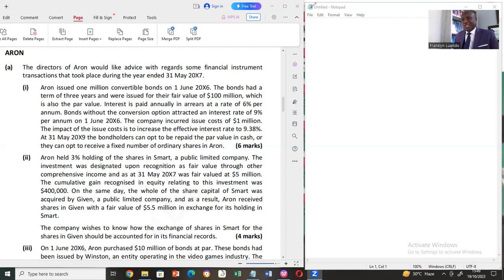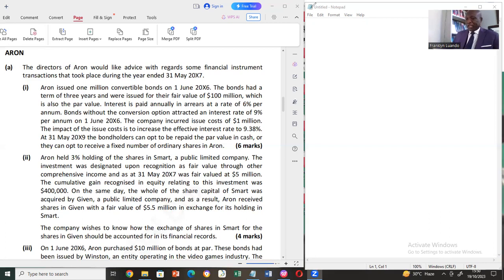Now, I want you to understand that where we have issue costs of the compound financial instruments, the issue cost must be apportioned to the debt component and equity component using their values after separation.